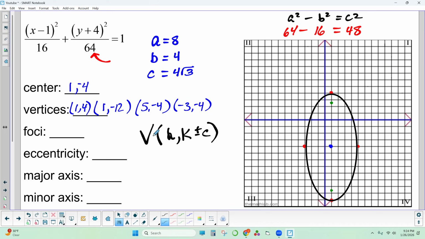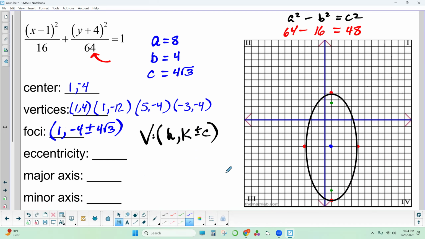So h is 1, k is -4, plus or minus, and I will put 4 root 3, which is the simplified square root of 48. And that will take you to the two foci.